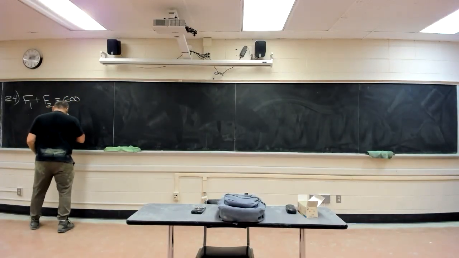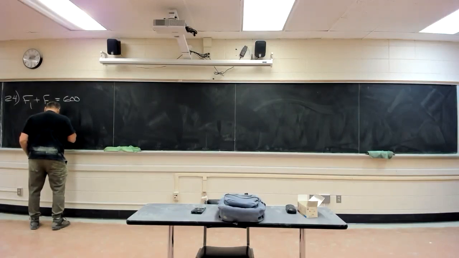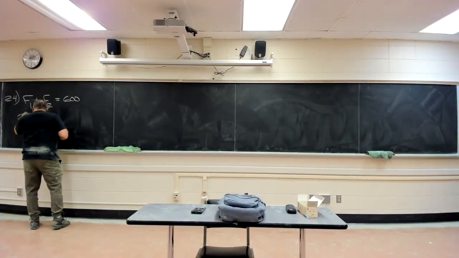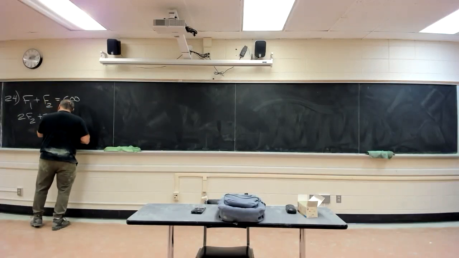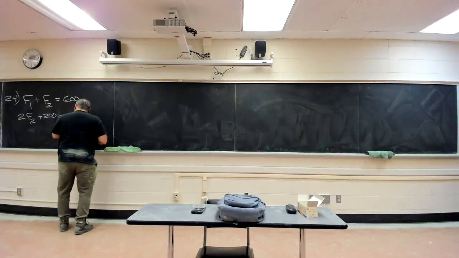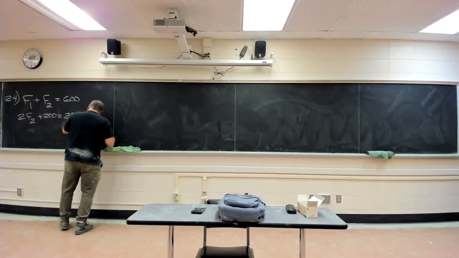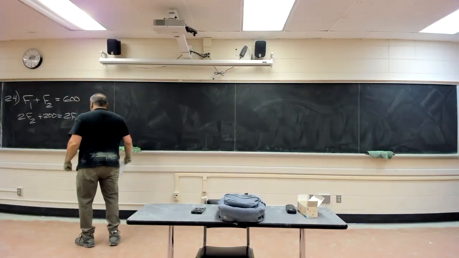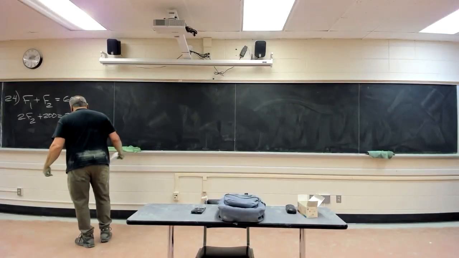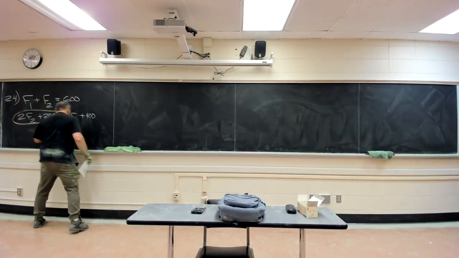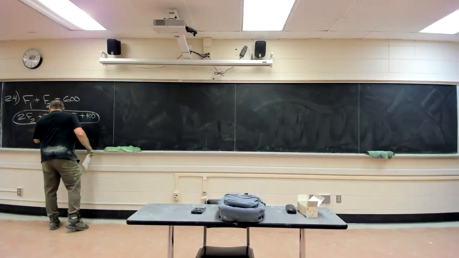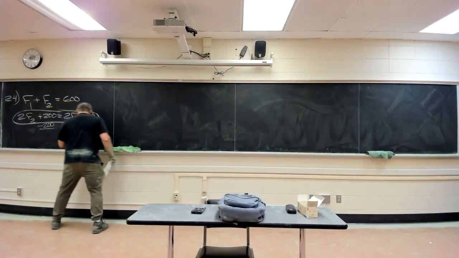Here they're saying if you take 2F2 plus 200, you get 2F1 plus 400. Well, guys, there's a bunch of ways we can play this thing. Let's go for it. Take this second guy and subtract 200 on each side.